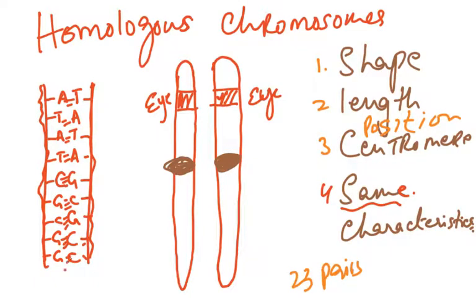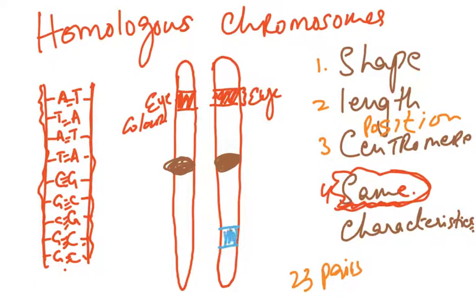But what we need to understand is, when I say eye color, it means that this is the gene for eye color, right? And this is the gene for eye color on the other chromosome. So if it's a pair of chromosomes, they code for the same characteristic. So if you've got eye color there, you've got eye color there. And then let's look at another feature, blood group.